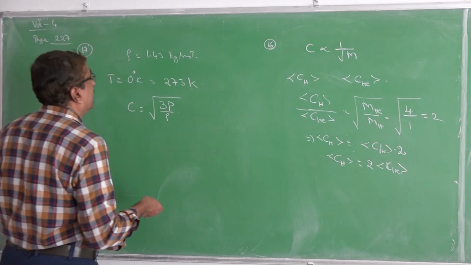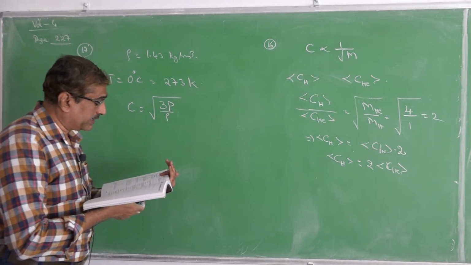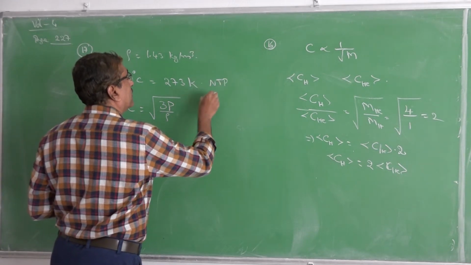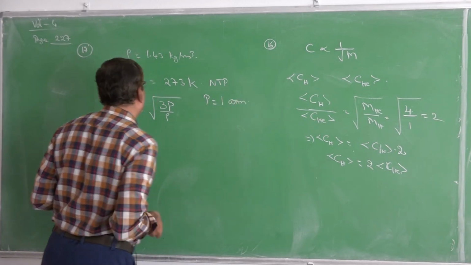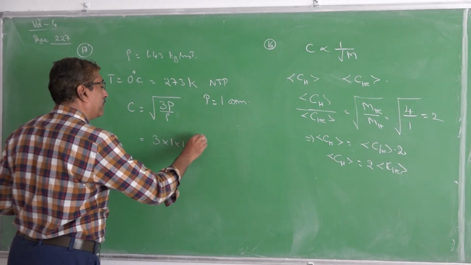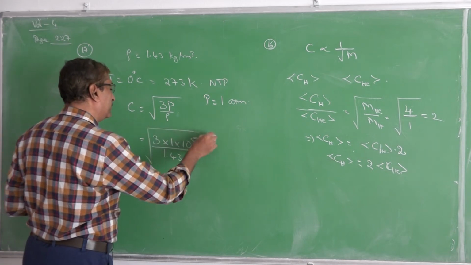So 3P by rho. Given normal temperature, NTP, NTP means pressure is 1 atmosphere. So writing this, 3 into 1 into 10 to the power 5 divided by 1.43 under root.